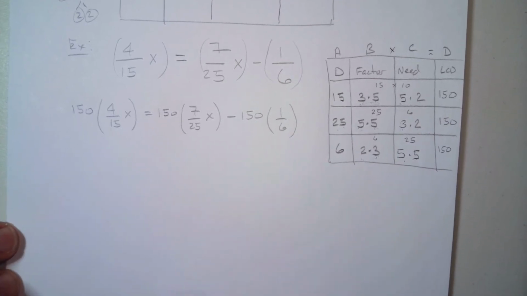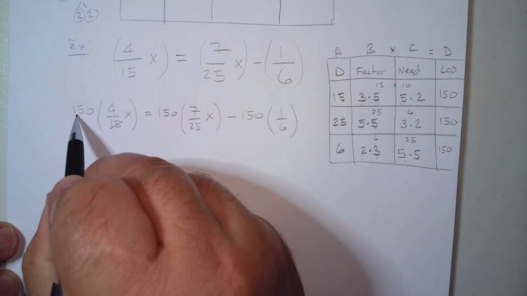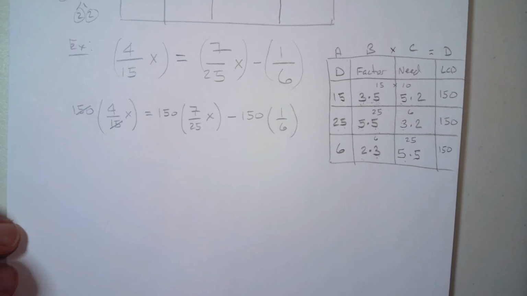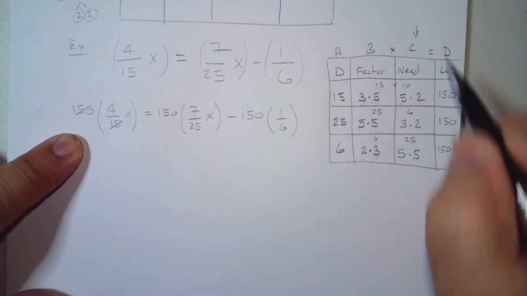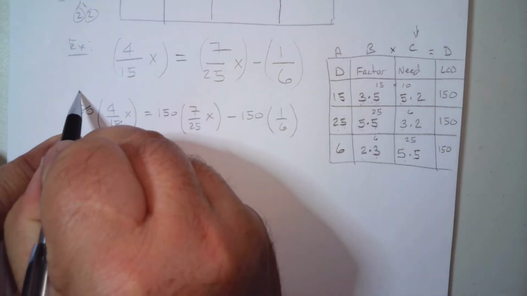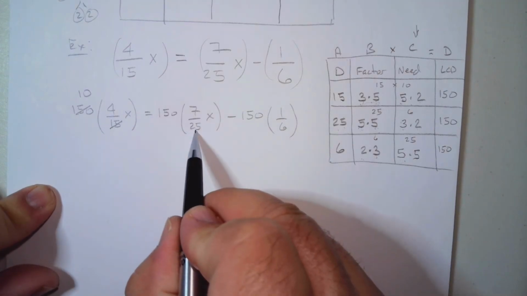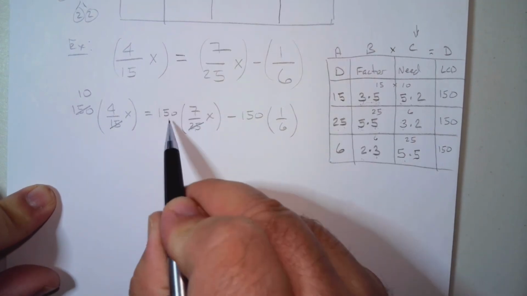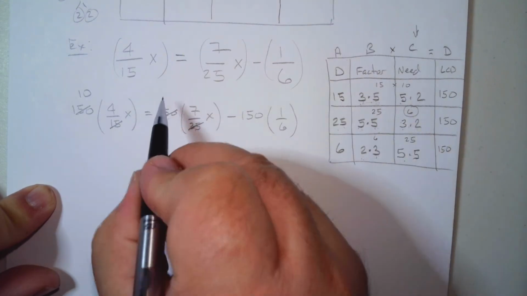Now we cancel, we reduce. How many times does 15 go into 150? Well, if we don't know that, look at the needs column. 5 times 2. That's what goes in there. How many times does 25 go into 150? Well, go here. 6 times.